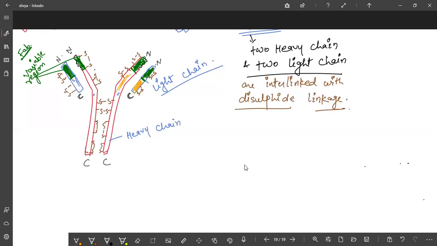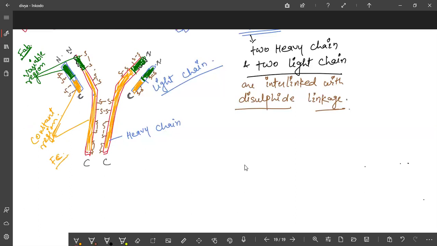And again you see here, this yellow portion is constant region. It is constant region, and constant region is also called Fc, crystallizable.